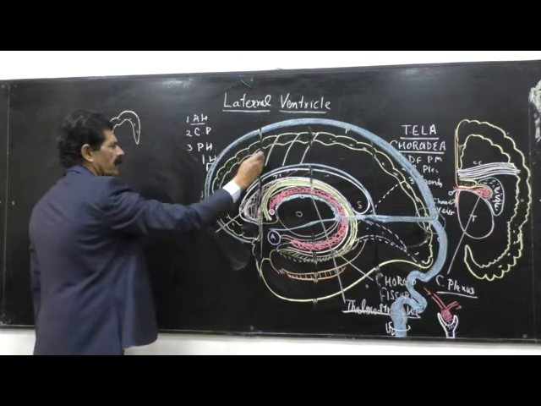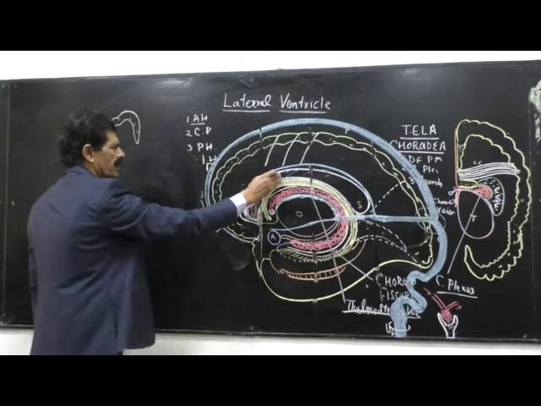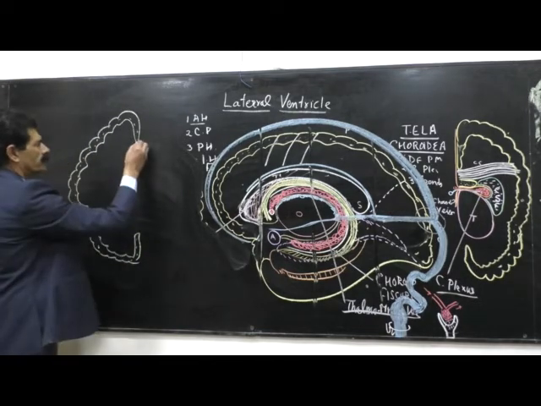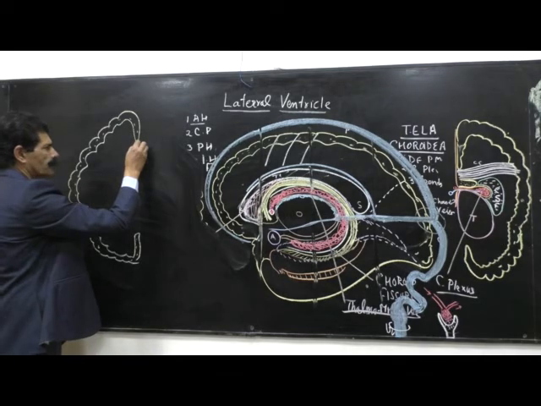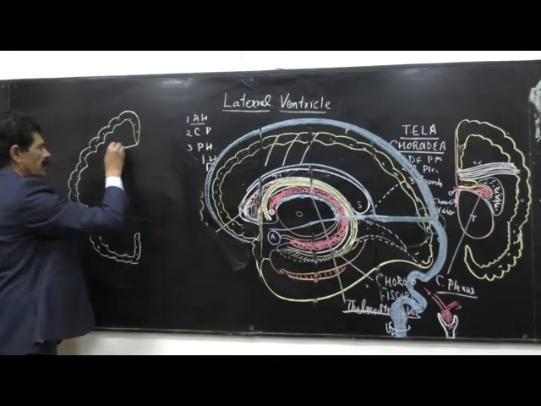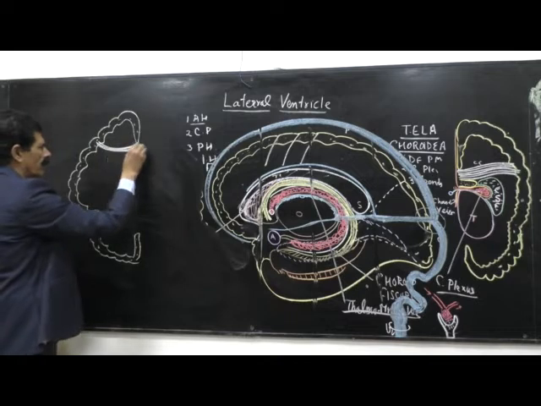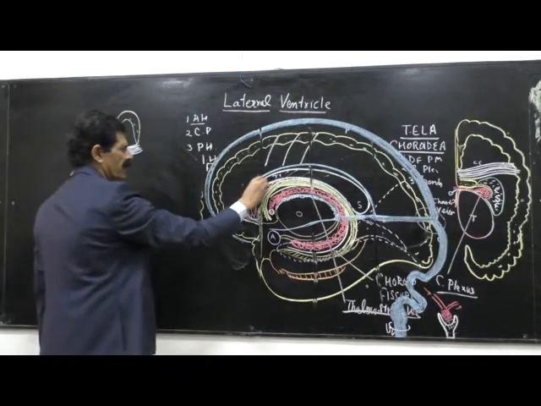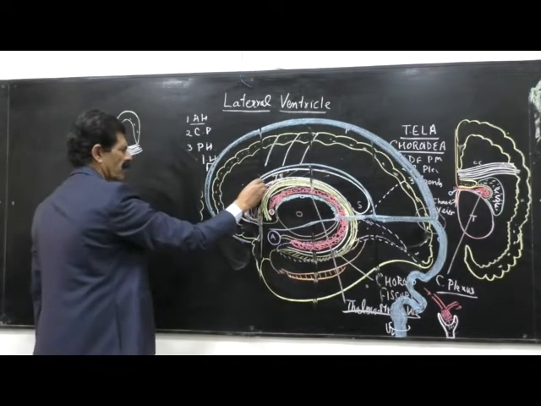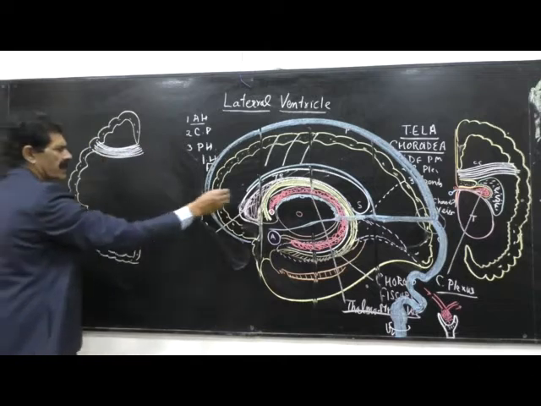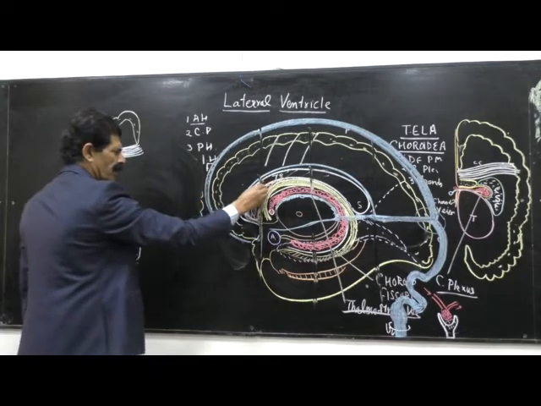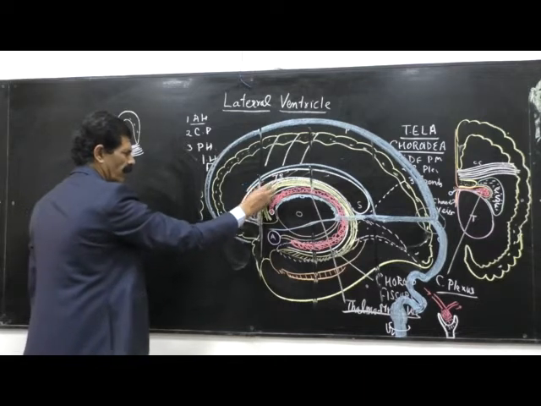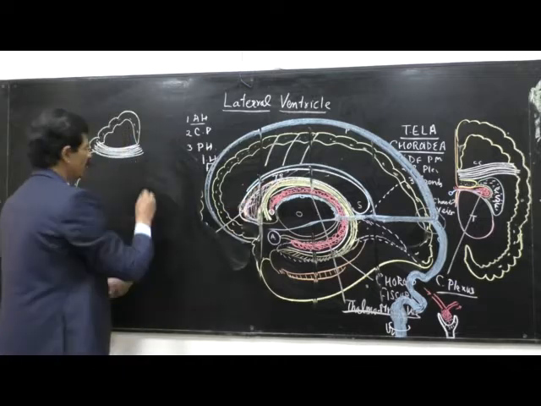From here to this point, then comes the corpus callosum to the midline, forming the roof. So here we cut the trunk or the body of the corpus callosum in cut section, and just below the body of the corpus callosum is the septum pellucidum.